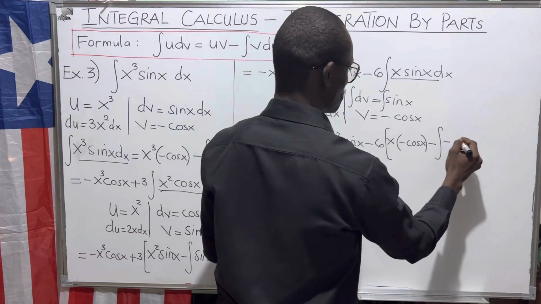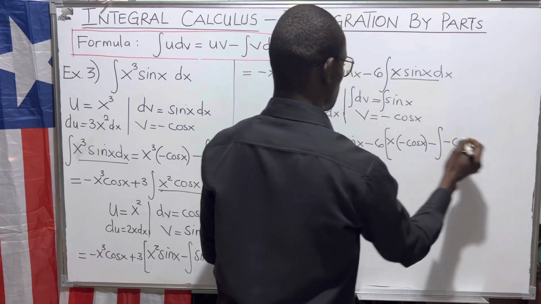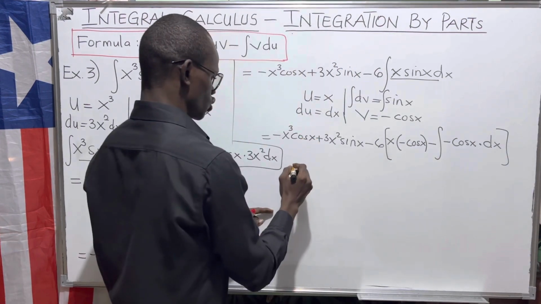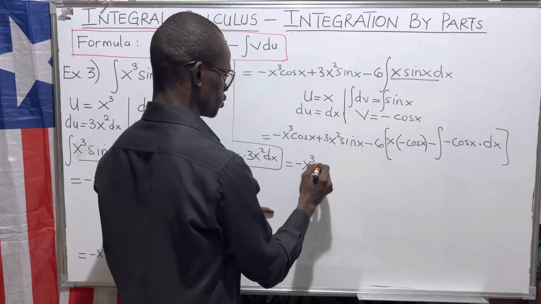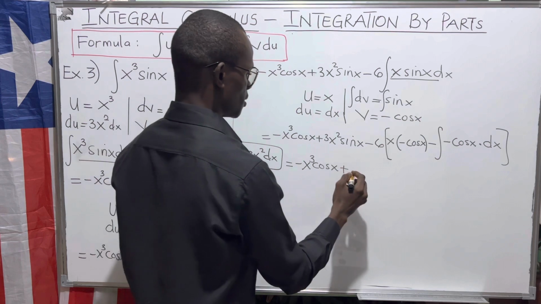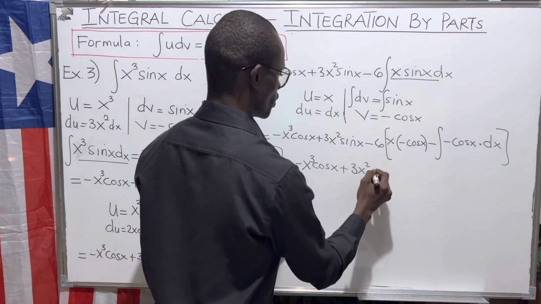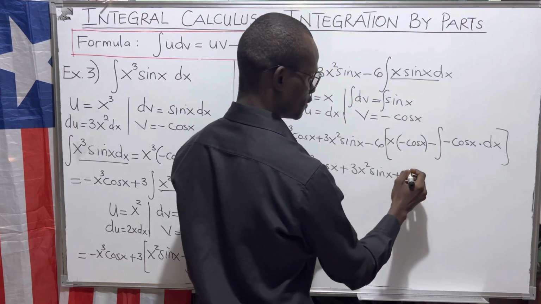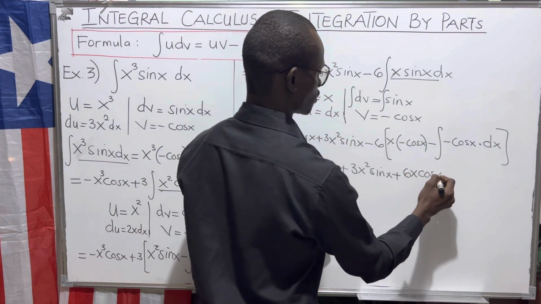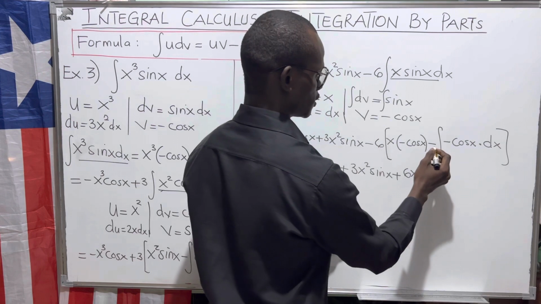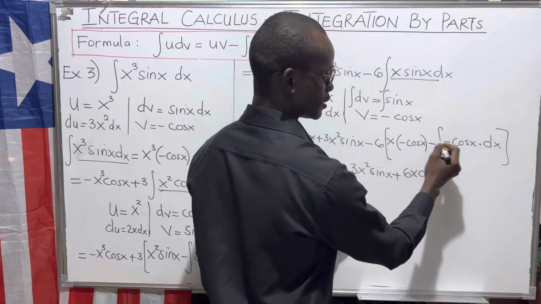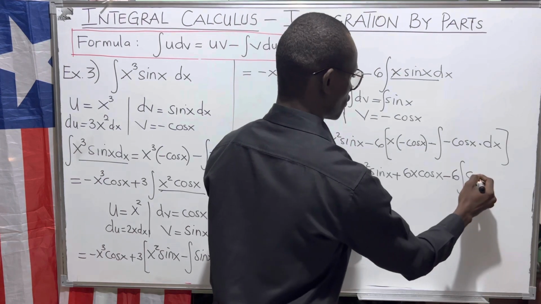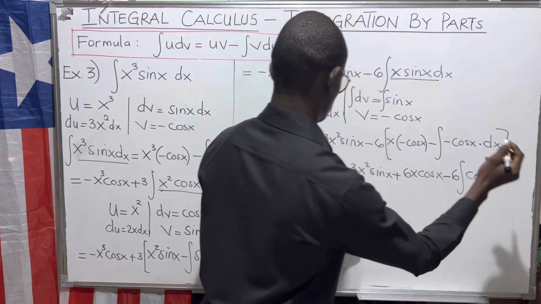So v is minus cos of x, times du, which is just dx. So we have minus x cubed cos of x plus 3x squared sine of x. This gives us positive 6x cos of x, because this and this, negative times negative, is positive, minus 6 times the integral of cos of x dx.